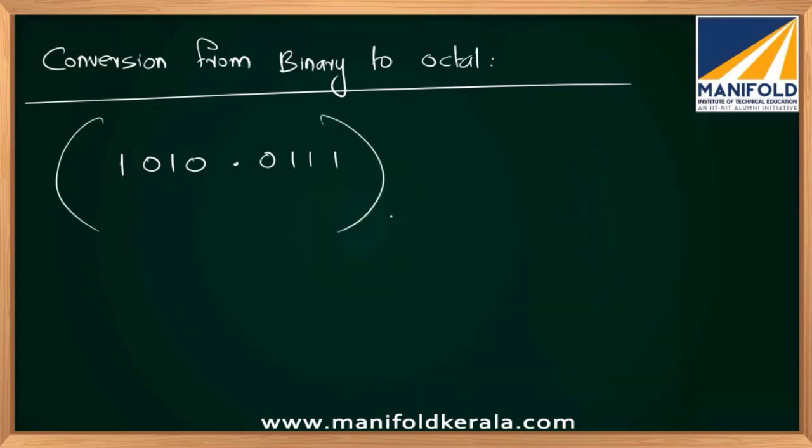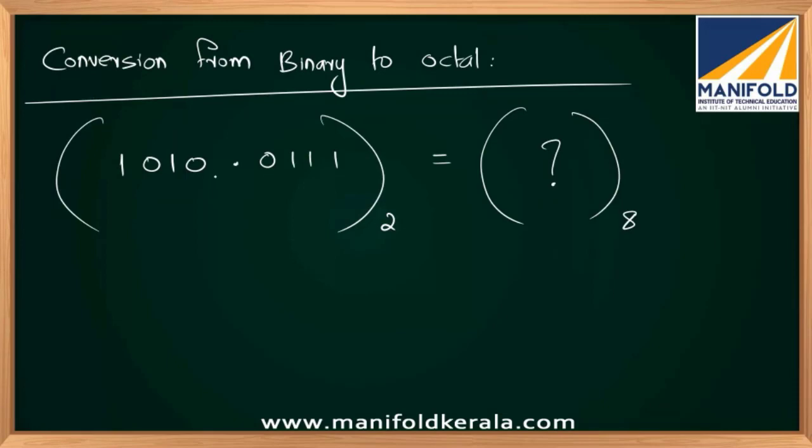This is a number given in binary, and I want to convert it into an octal number, a base 8 number system. Now how do I do this? In the reverse process, we replaced every symbol by 3 bits.